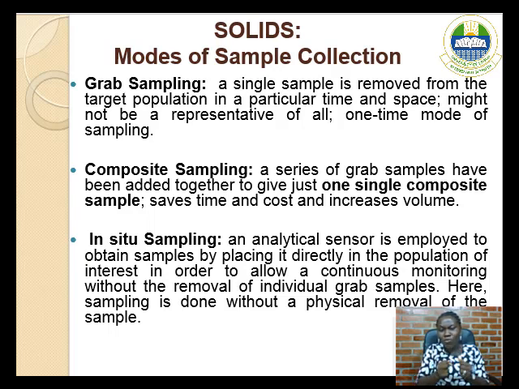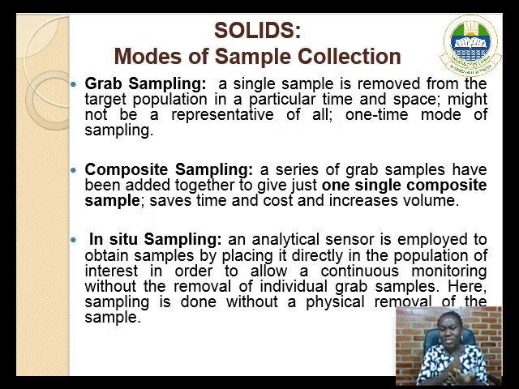When somebody grabs something, it gets hold of it at a particular time. You grab your neighbor, just a one-time catch. So it might not be representative of everything, because it's a one-chance thing. It's a one-time mode of sampling, so it might not be representative of your population. So take note of that.